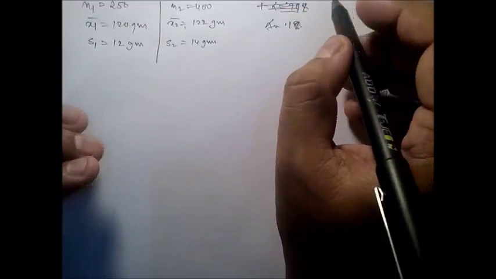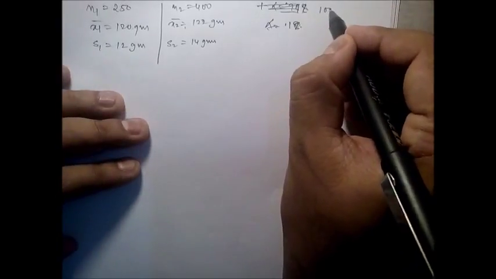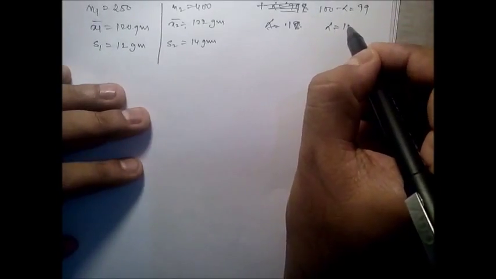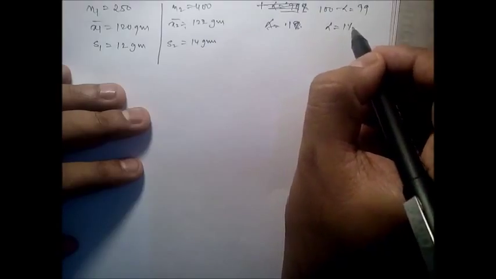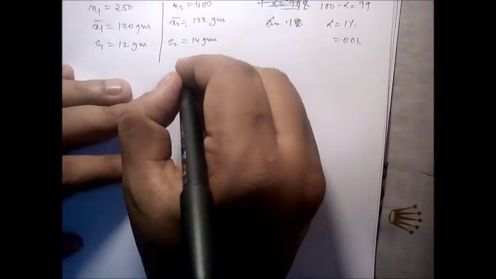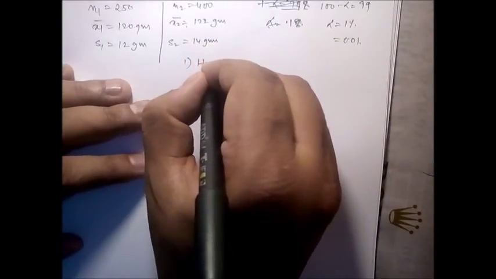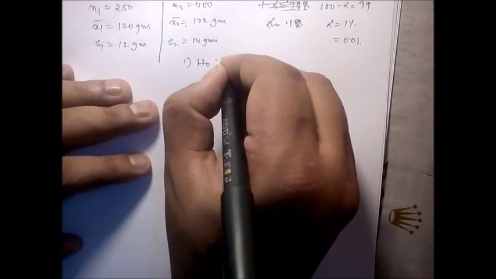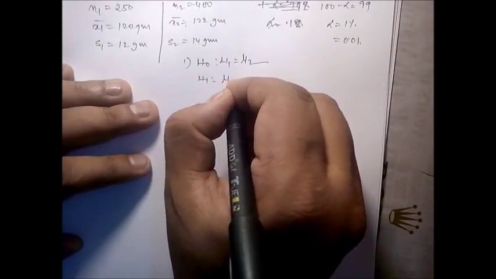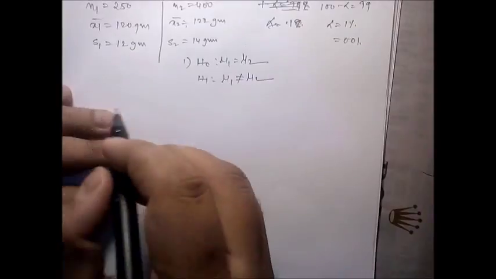Level of confidence is 99%, so 100 minus alpha is equal to 99. So alpha is equal to what? It is 1%, that means 0.01. Okay. Null hypothesis, mu1 is equal to mu2, and alternative hypothesis, mu1 is not equal to mu2.